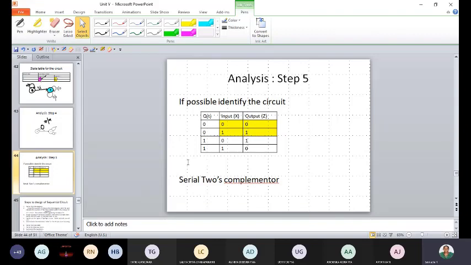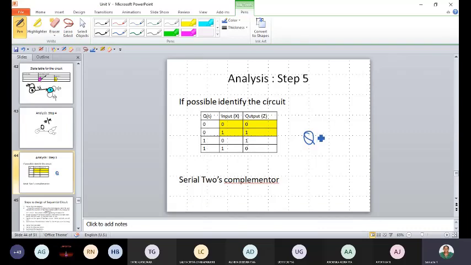For example, when your present state is 0, whatever input I am giving, I am getting the same output. Input is equal to the output. But here, when your present state is 1, when I am giving input as 0 or 1, I am getting the complement of the input. That is the final analysis I have done.